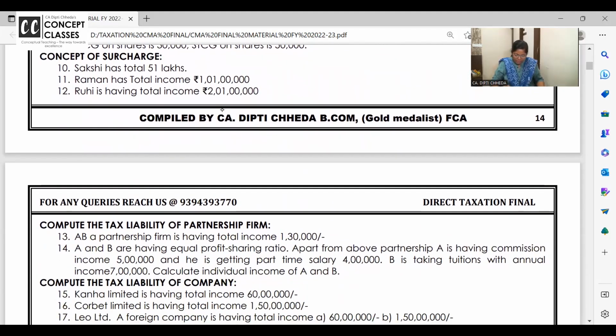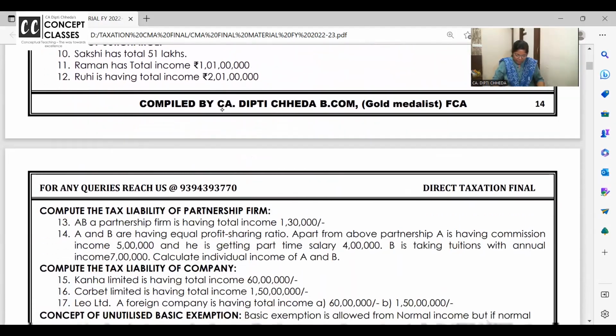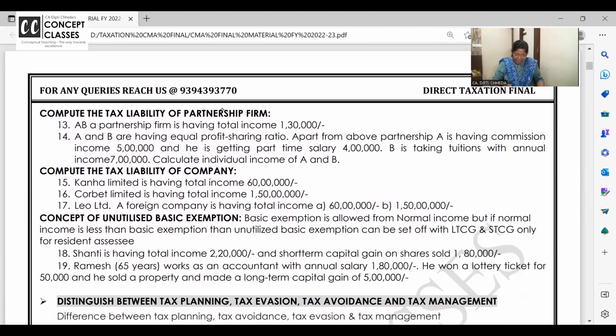This is just a format. There's one nice concept of unutilized basic exemption. I have written it here and I want to take up a problem for that. 18th problem. Unutilized basic exemption is a nice concept. I feel they usually cover this in MCQs or some total income problem, and they will not say to apply the concept of unutilized basic exemption.